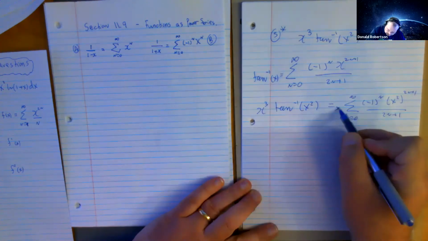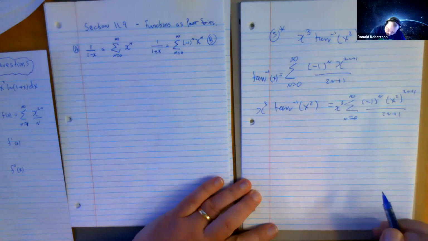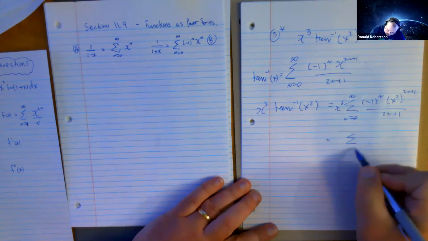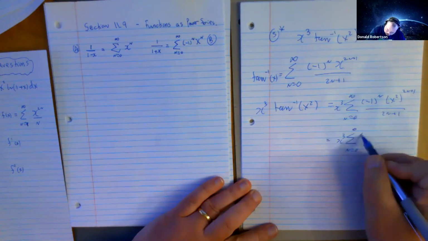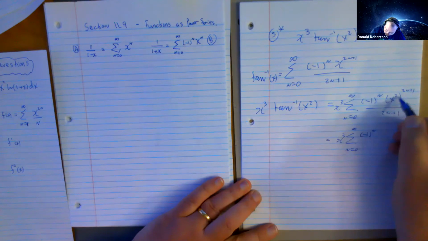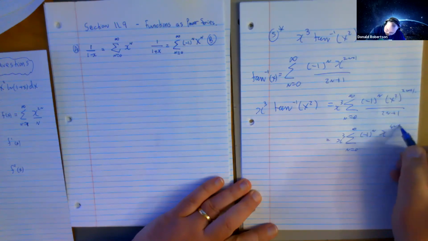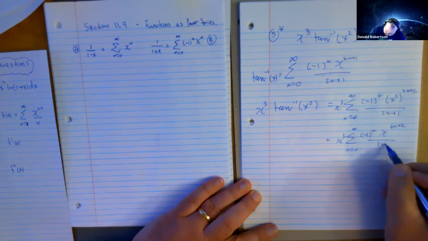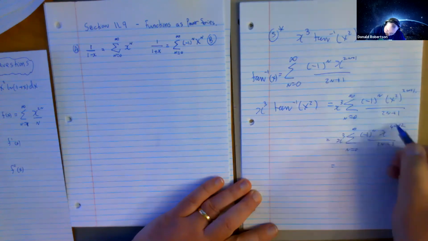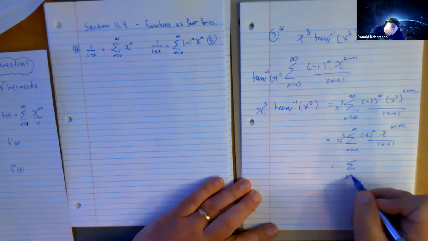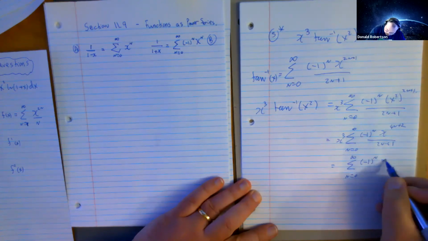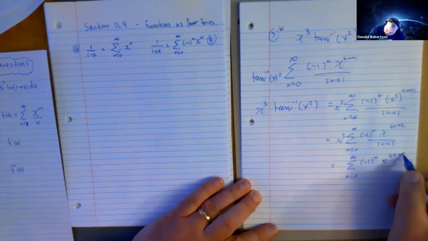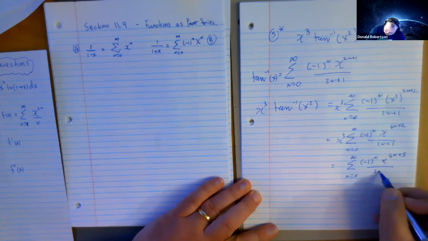Tag it on at the side. Then you can figure out this guy. X squared raised to that, 2 times 2 times, you get 4n plus 2 over 2n plus 1. Bring in the cube, which essentially just adds on 3 more to the power of x. 3 more gets you that guy. Boom.